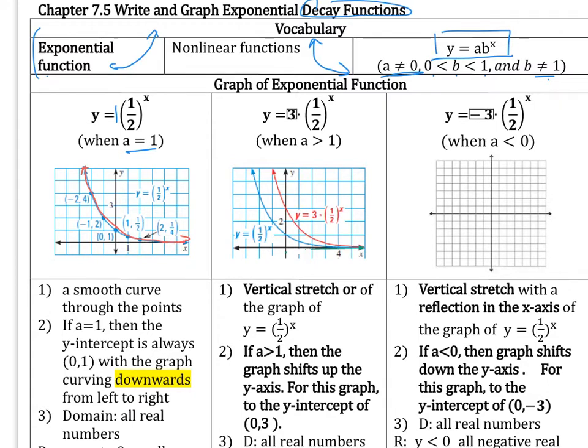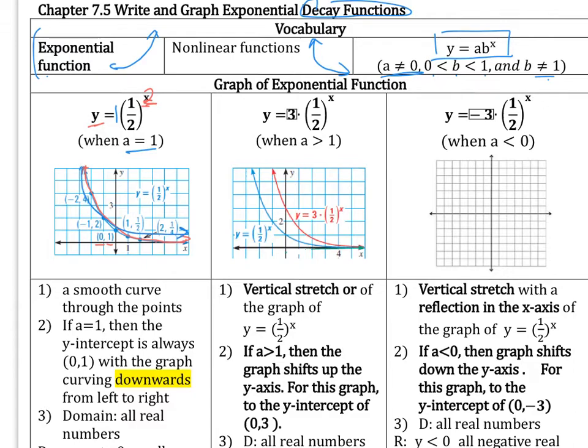As you can see, when we plug in 0, y equals 1. We plug in 1 for x, y equals half. And when we plug in 2, y equals 1/4. So if we keep plotting all these points, we would get a curve that curves downwards from left to right.